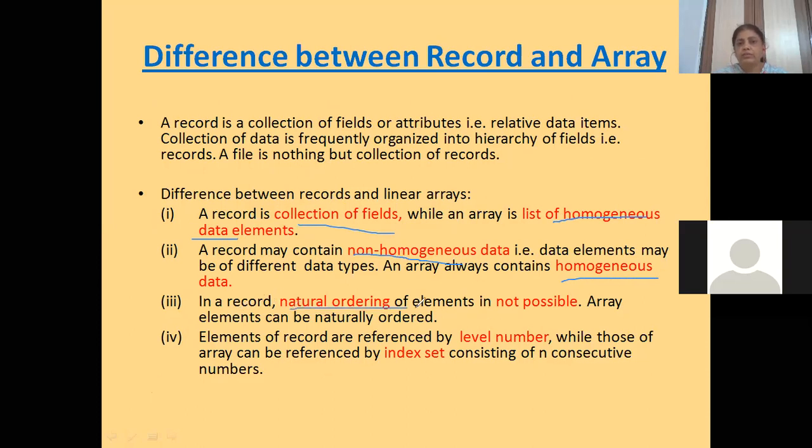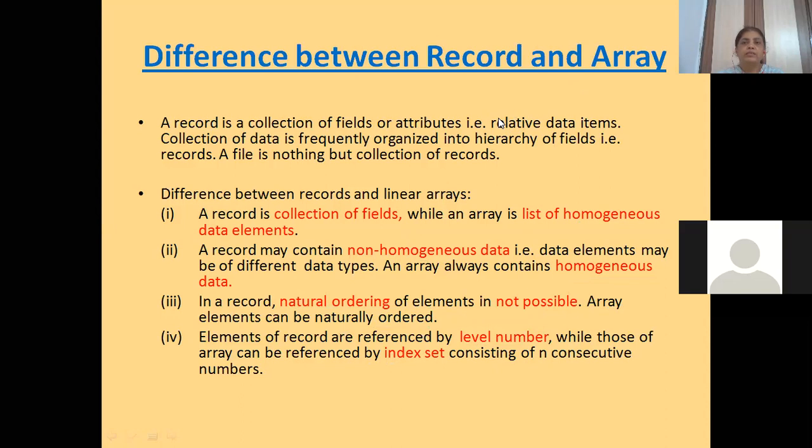In record, natural ordering of elements is not possible whereas the array is naturally ordered. Elements of records are referred by level number and arrays are referred by index number. So these differences you can write by writing difference between array and record.